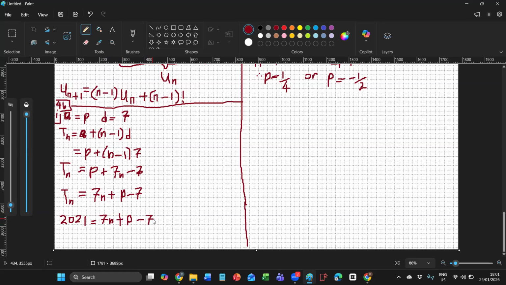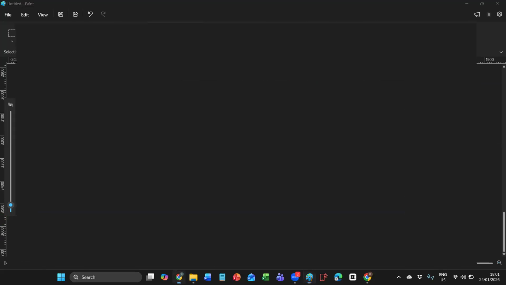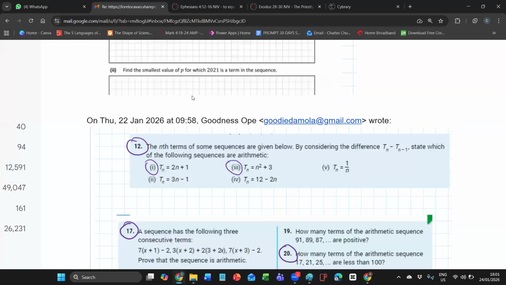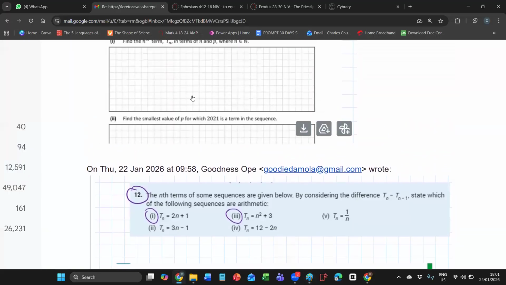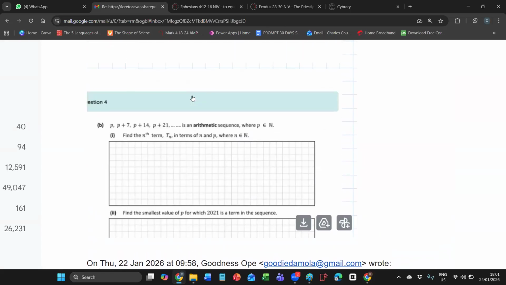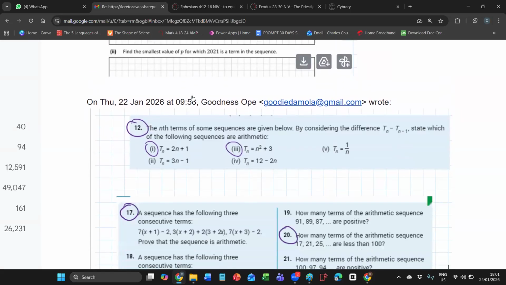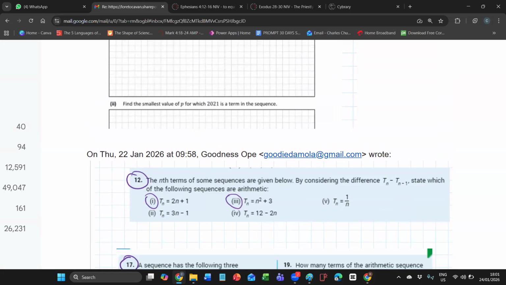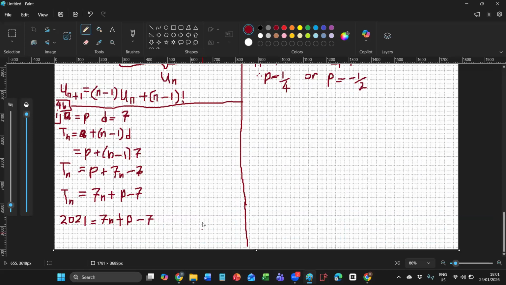Hmm, let's do something here. Let me see, is there anything we can... okay, let me go back to this one that we did. Something should jump out from this.